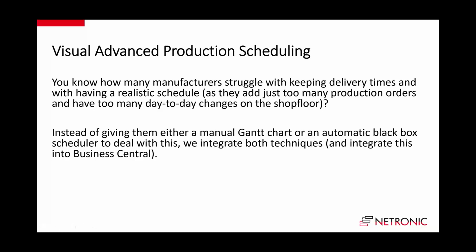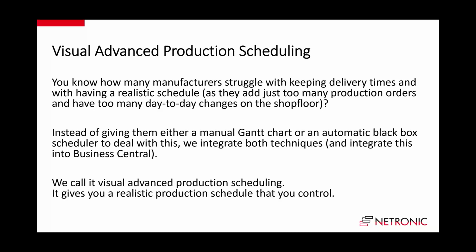So instead of giving those customers either a manual Gantt chart or an automatic black box scheduler to deal with this, we integrate both techniques. We integrate automatic scheduling with a manual Gantt chart scheduler, and then we integrate these blended techniques into Business Central. This is what we call visual advanced production scheduling.